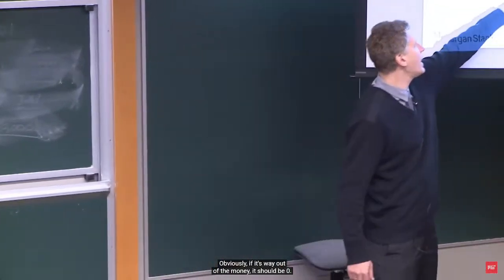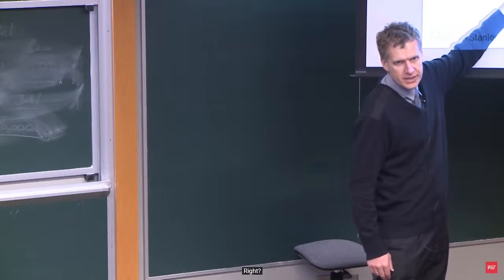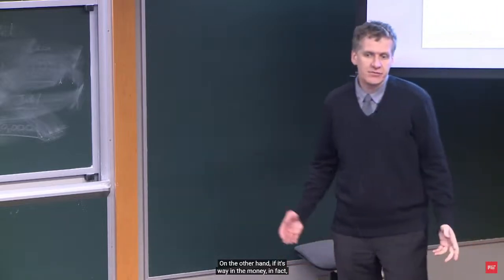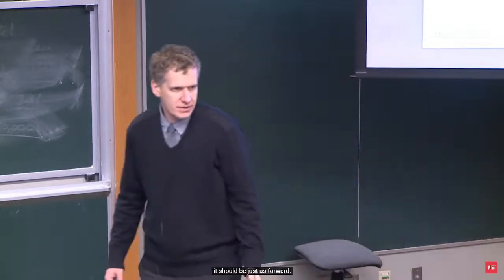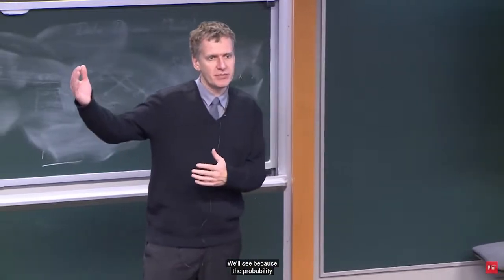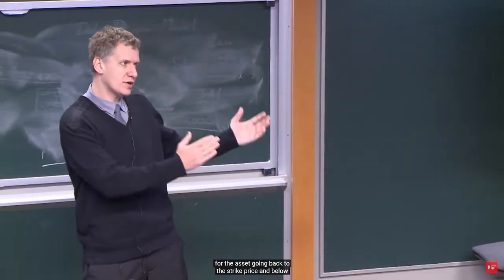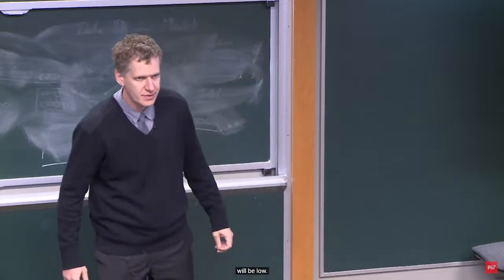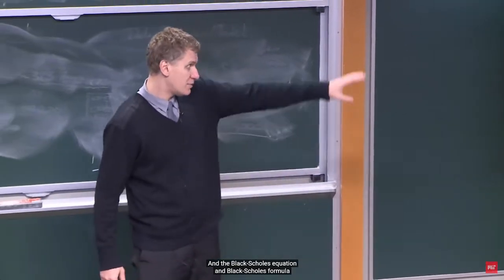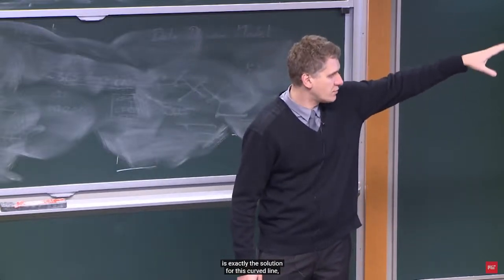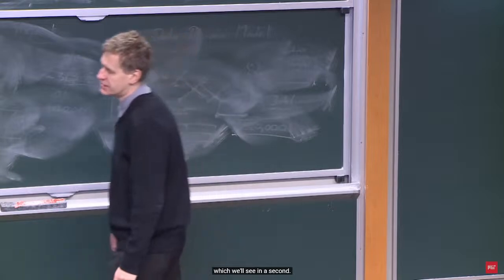Obviously, if it's way out of the money, it should be zero, right? On the other hand, if it's way in the money, in fact, it should be just as the forward. And in fact, it is. We'll see, because the probability for the asset going back to the strike price and below will be low. And the Black-Scholes formula is exactly the solution for this curved line, which we'll see in a second.